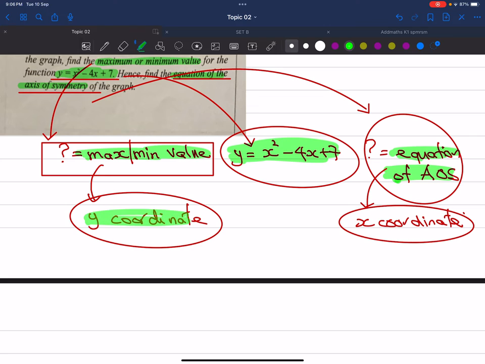And this y coordinate and x coordinate are of the maximum or minimum point.